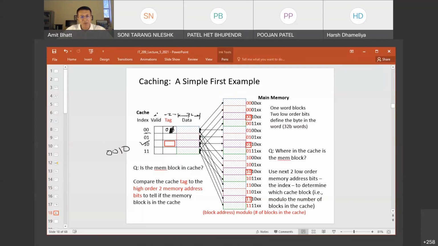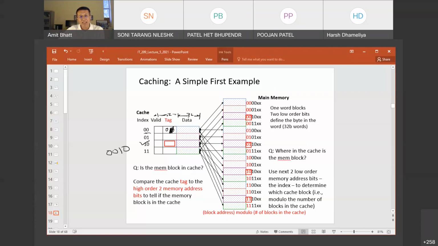And valid bit is 1 bit. So your table size is 32 plus 2 plus 1, 35. You don't worry that this is 35, because you don't require 35 data lines. Because once the tag is matched and index is matched, then all you need to do is bring this 32-bit data. Then you don't need tag or anything. Are you getting my point?